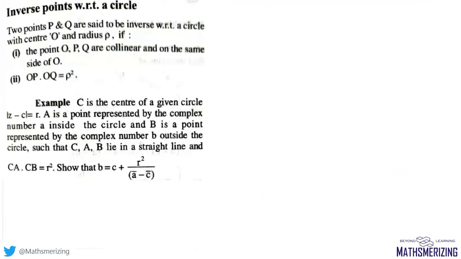Now in the geometry of complex numbers, there is something called inverse points with respect to a circle. If we have a circle whose center is at O and its radius is rho, then P and Q are said to be inverse with respect to the circle if O, P and Q are collinear.